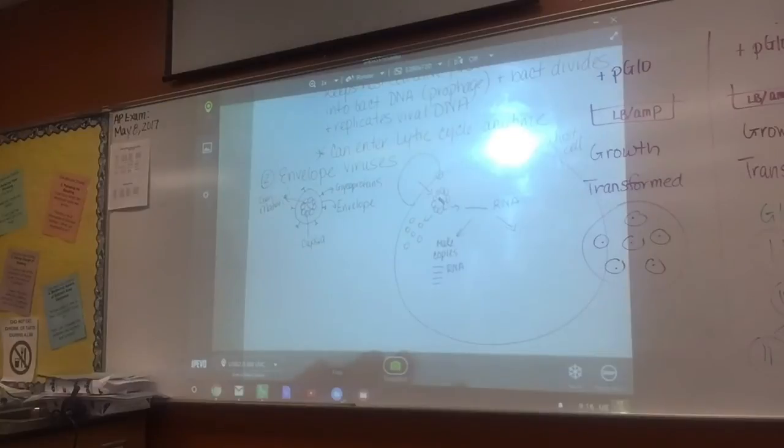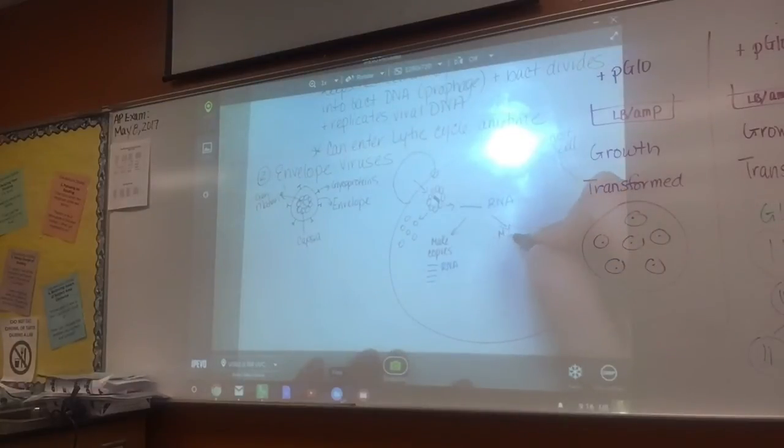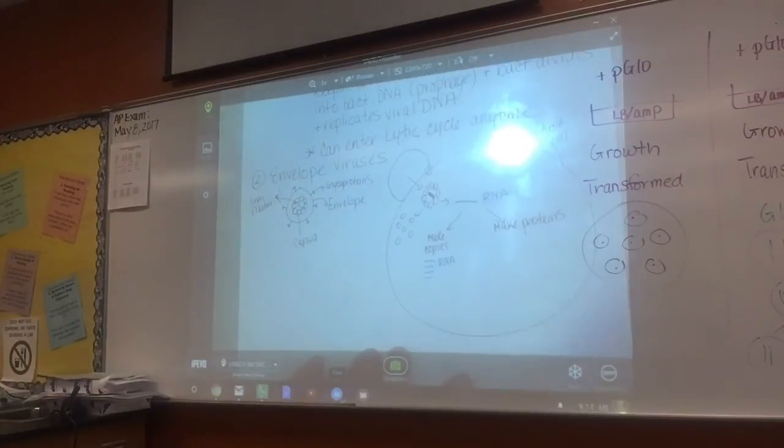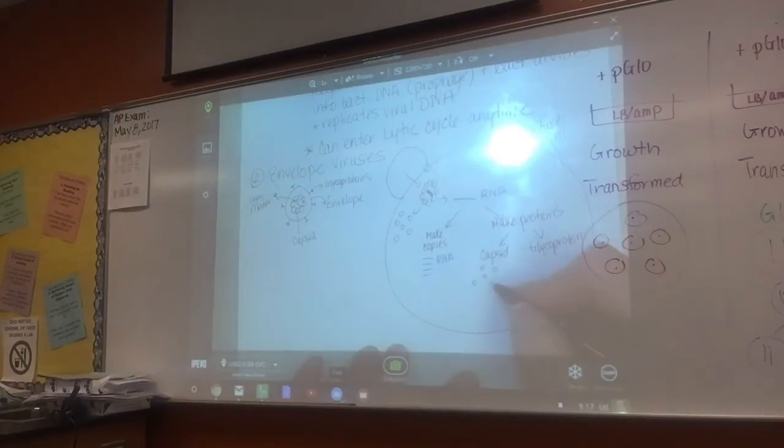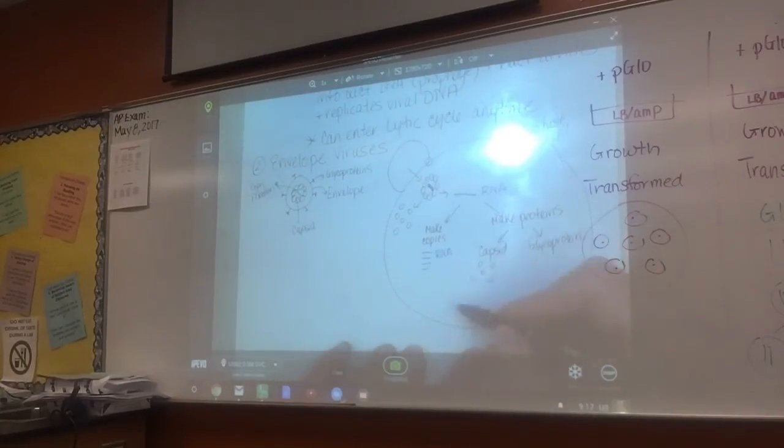Or the RNA can be used to make what? What is RNA used to make? Proteins, right? There are two kinds of proteins in an envelope virus. The first kind of protein are your capsid proteins. Alright? The second kind of protein are your glycoproteins. Capsids are made on free ribosomes floating around in the cytoplasm.